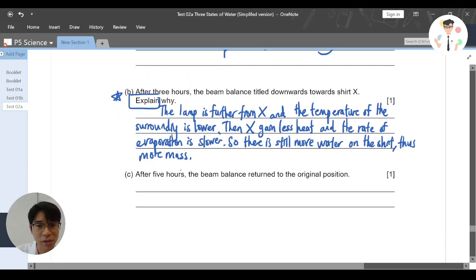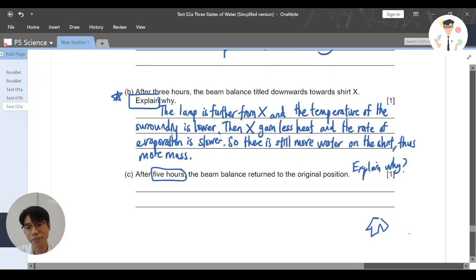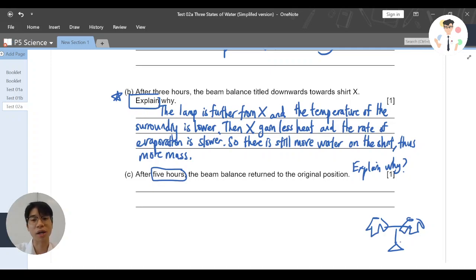After 5 hours, the beam returned to the original position, and I ask you to explain why. Correct? Some of you say, oh, dry up already. Which is true. It returned back to the original position, which is good. They dry up already, I know. But you must explain more. Dry out means what?